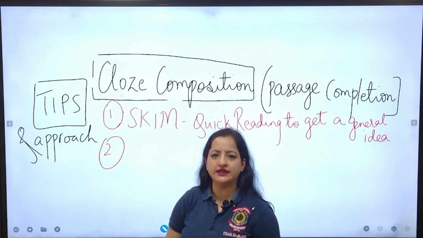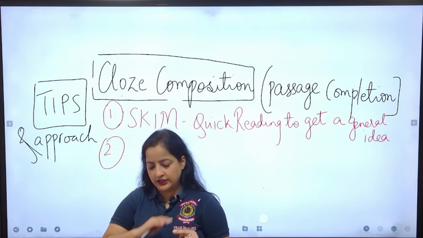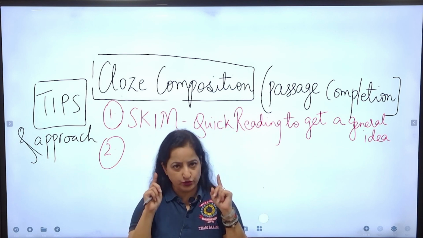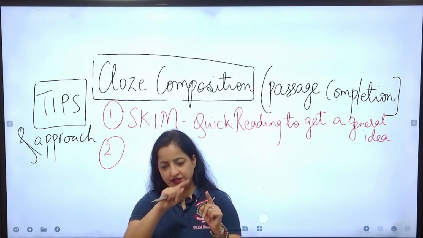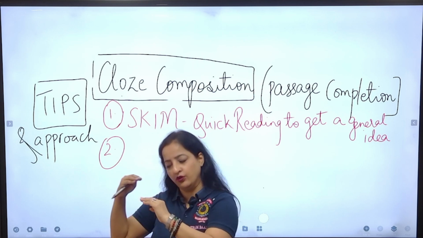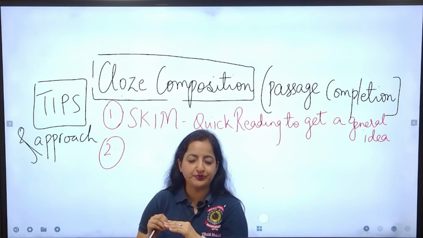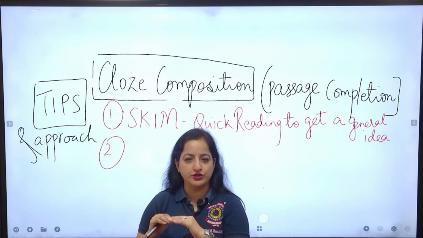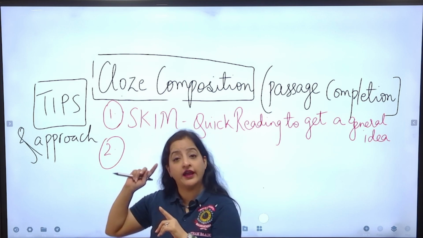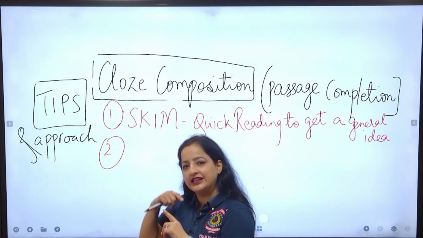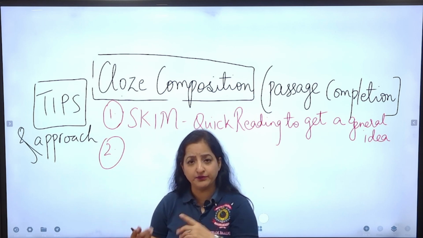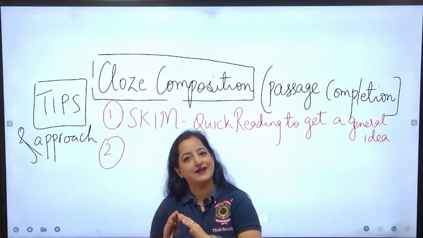Second tip is do not read only up to the blank. Let's say you start reading, you arrive at a blank and then you look at the options and you start deciding the answer. Don't do that. Don't read only up to the blank. Please read ahead of the blank. Read at least 1 extra line. Why? Because these are closely related blanks.